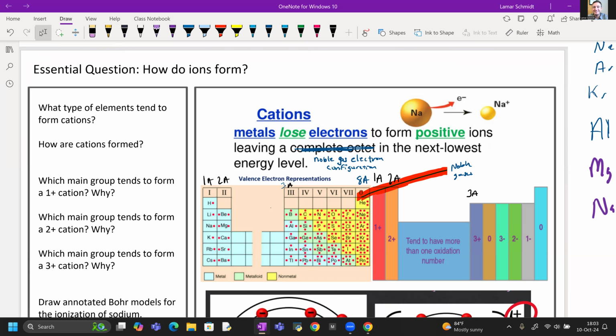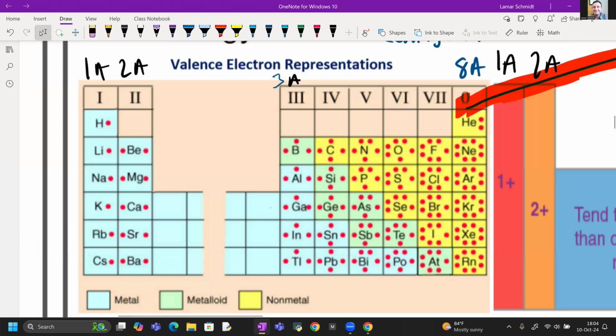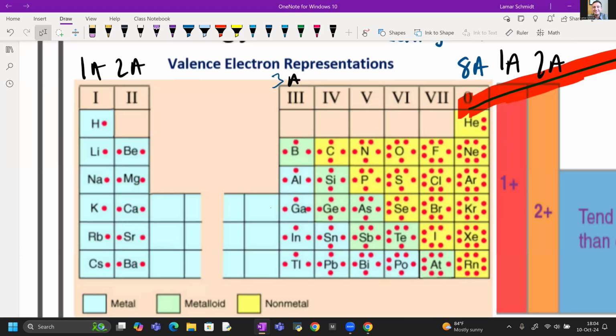So things that I want you to notice before I get into this is that on this periodic table that I have here, we have written dot structures for each element. Now these dot structures, as the title of this periodic table says, represent valence electrons.